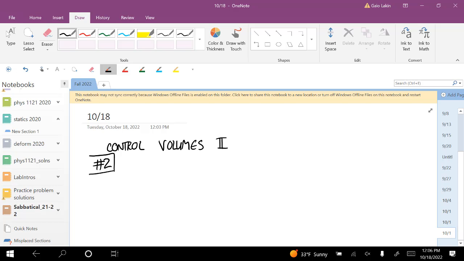We're on number 2. And it says it's an insulated steady state turbine.